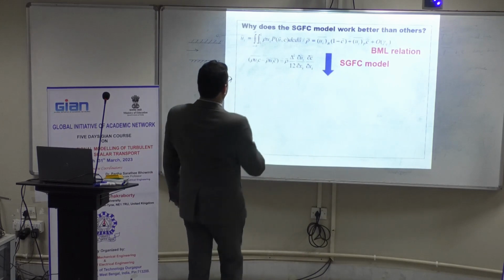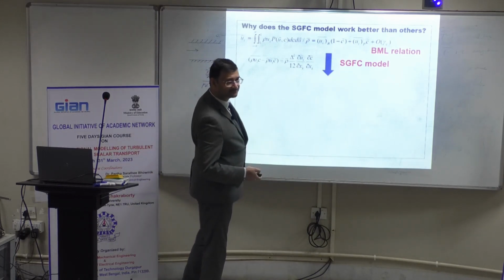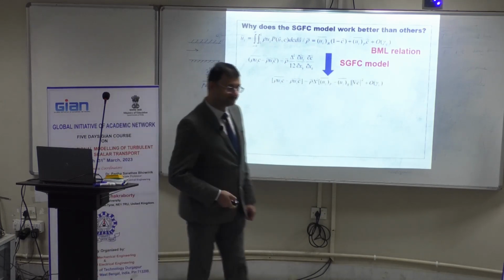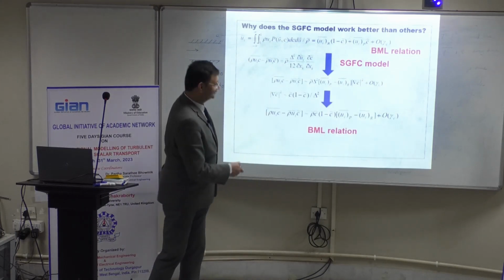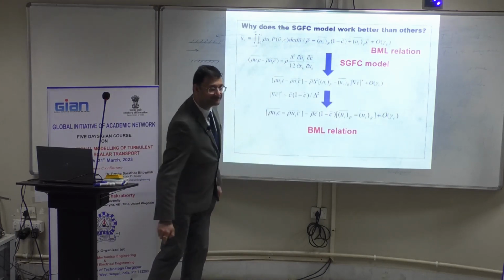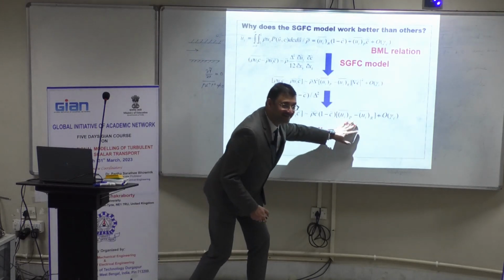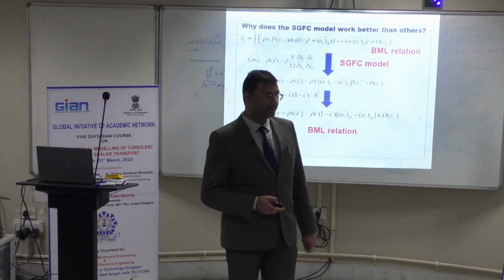So if I now carry out velocity gradient thing, we'll get this expression. If I scale it in this manner, that gives me this expression. So that's why Clark's model implicitly actually accounts for BML type of behavior.